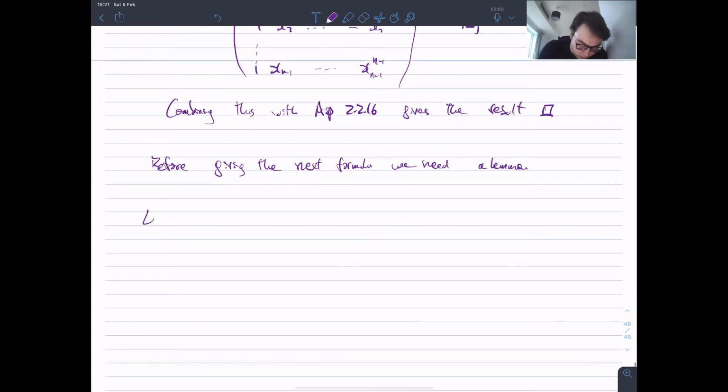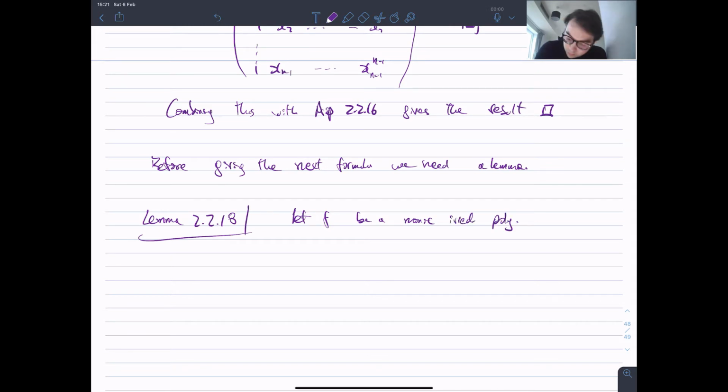So what is this? This is lemma 2.2.18. So let f be a monic, irreducible polynomial over a number field k, and alpha one of its roots, say in the complex numbers, doesn't have to be a root in k.